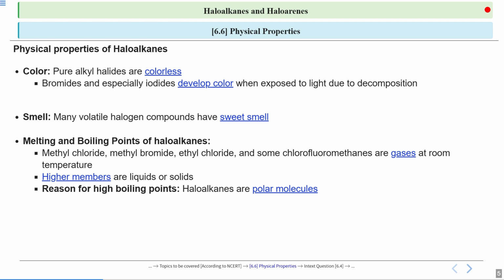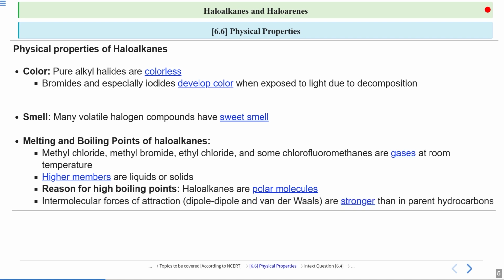And the reason for the high boiling points, as we said, is that they are polar molecules. Due to these stronger dipole-dipole interactions, higher boiling points are observed for the haloalkanes. The intermolecular forces of attraction, which are dipole-dipole and van der Waals, are stronger than in the parent hydrocarbon.